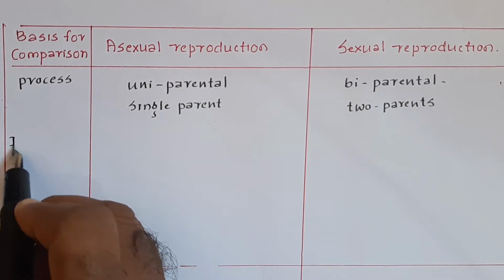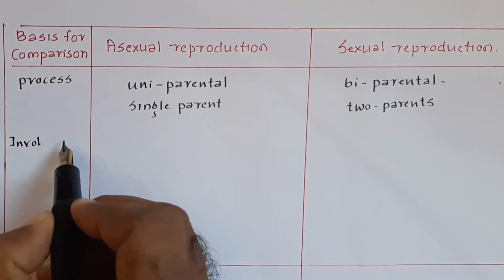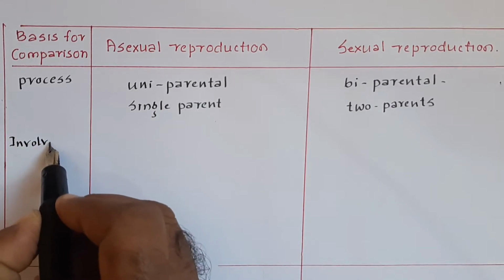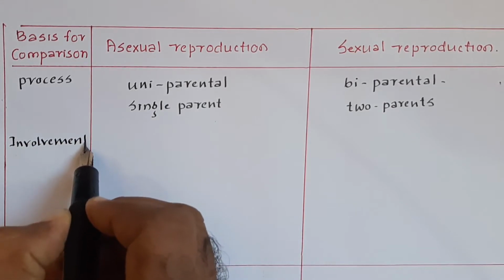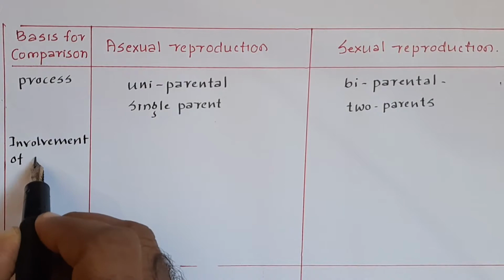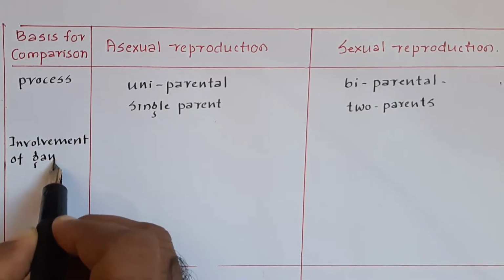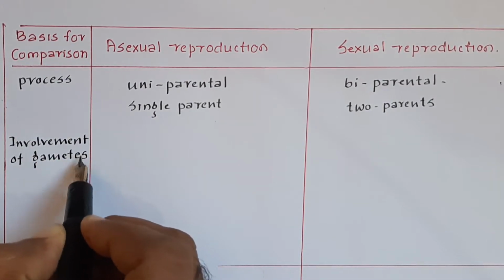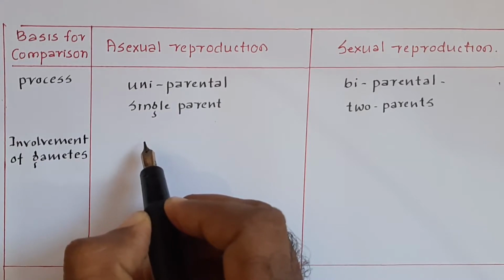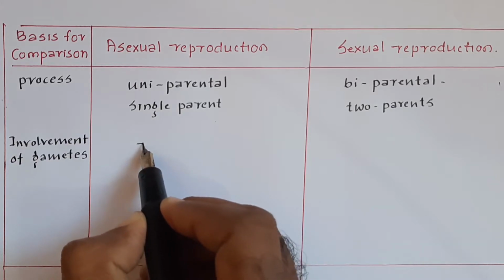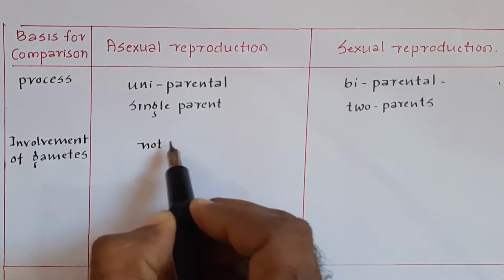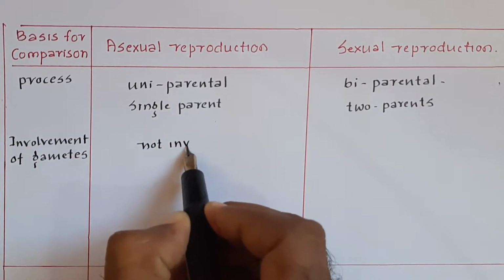Let us consider that is involvement of gametes. Here in asexual reproduction, gametes are not involved.